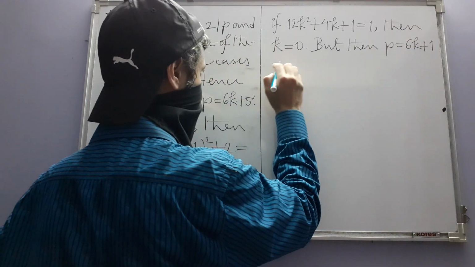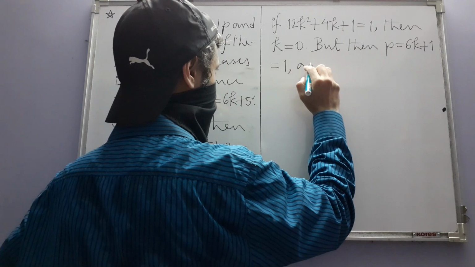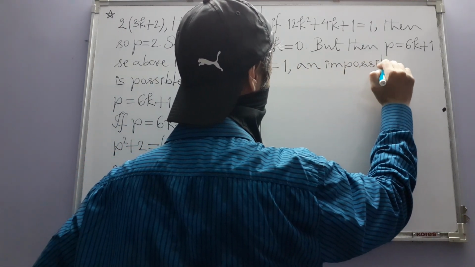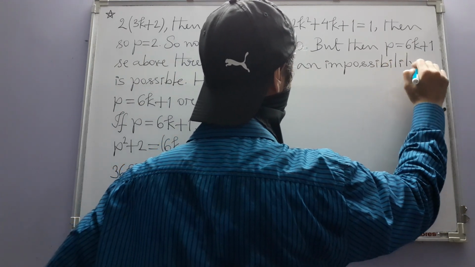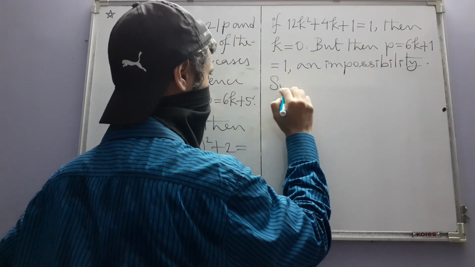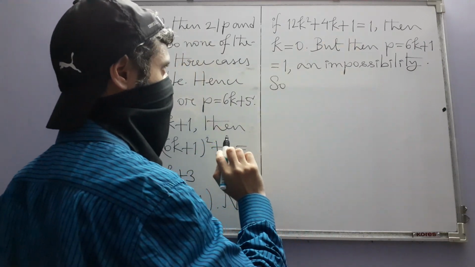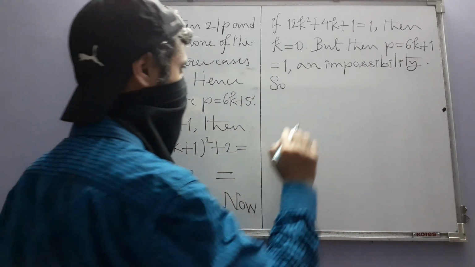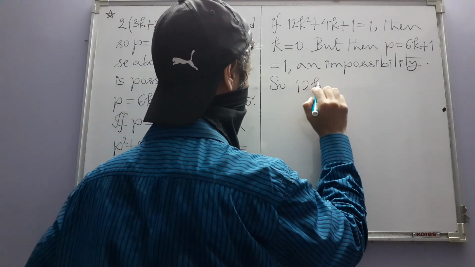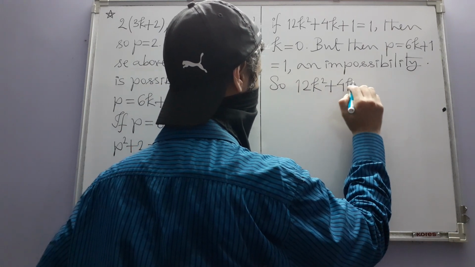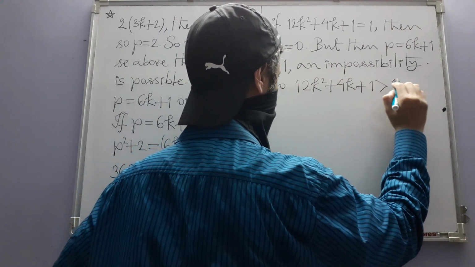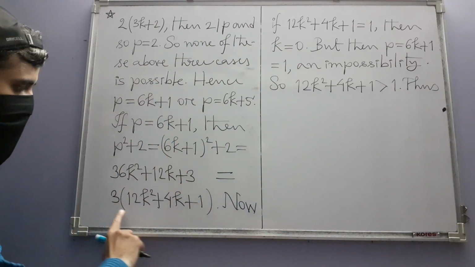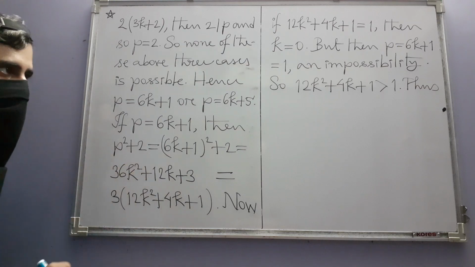If k is 0, then p becomes 1. An impossibility. So this cannot be 1, but its smallest value is 1, so that means it has to be greater than 1. And now we can conclude that because of this, p square plus 2 is composite.